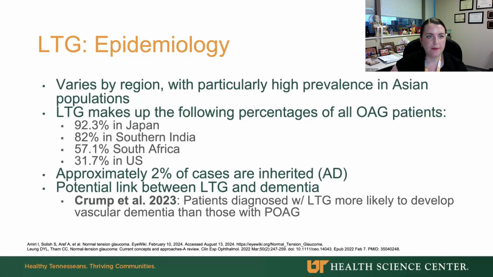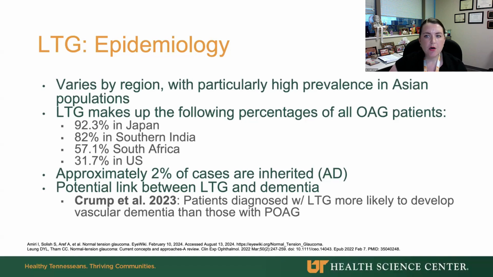Let's talk about the epidemiology of low tension glaucoma. The incidence varies by region, but there is a particularly high prevalence in Asian populations. Looking in the literature, you get quite a wide range depending on the ethnicity, with quite a high prevalence in the Japanese population.